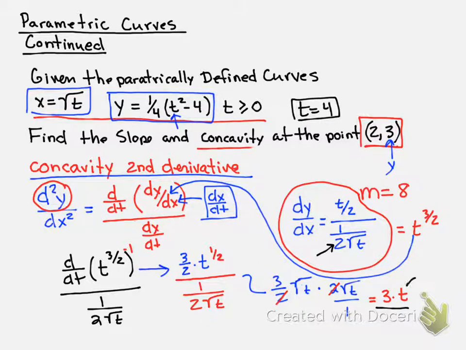So when I plug 4 in here, I have a second derivative of 12, which is greater than 0, suggesting that we are concave up. We already had a slope of 8, so as you think of this, it's very steeply going up. This would be the path that we would have at t equals 4, and at the point x is 2, y is 3.